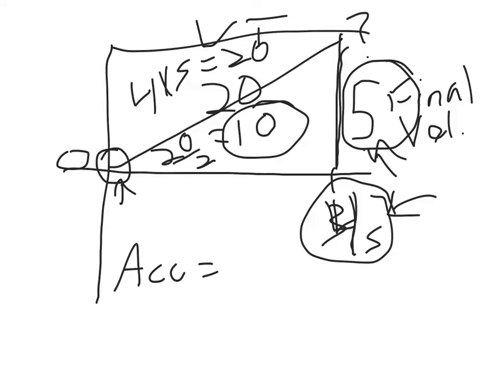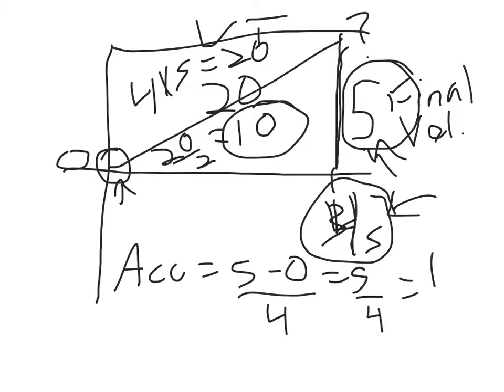So we did 5 minus 0 is equal to 5 over 4, which is equal to 1.25 feet per second per second. That's how you would find the acceleration.